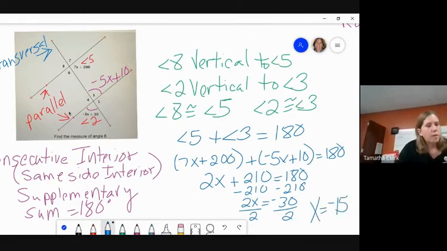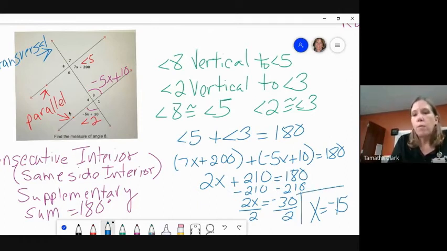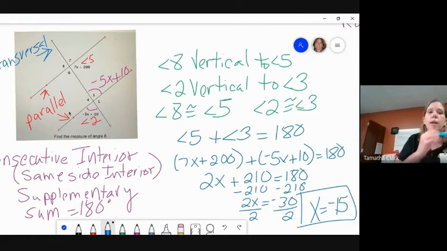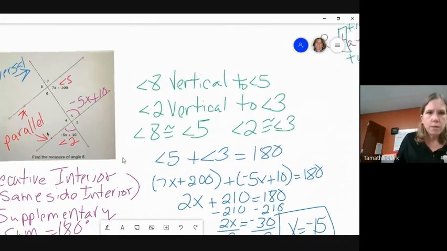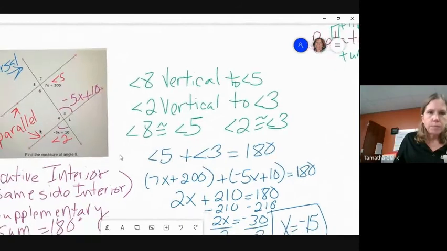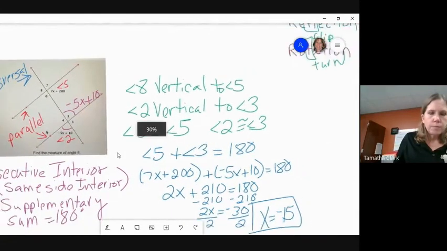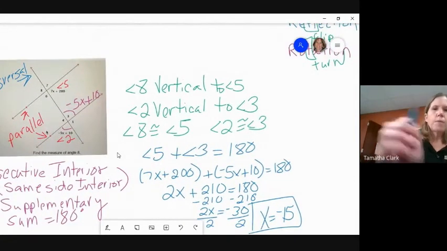Now what we need to do is plug things into our expressions, because for this one, again, they want the measurement of angle 8. So let's plug that in up here. Let me actually move the screen just a slight bit. Again, x is equal to negative 15.